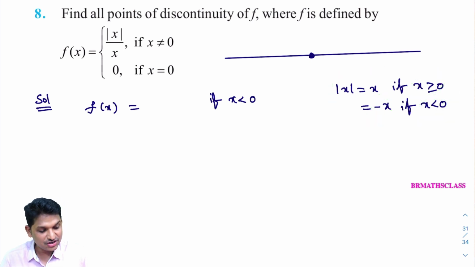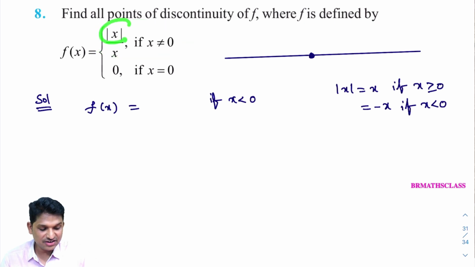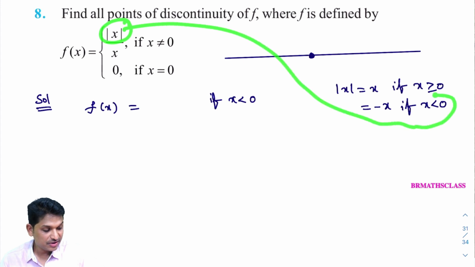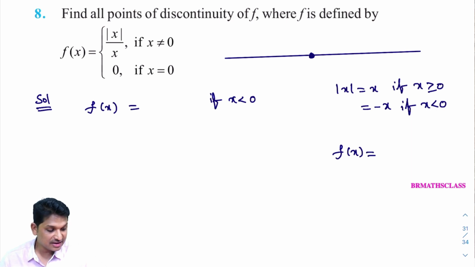When x is less than 0, what is the function? Less than 0 means negative numbers. At that time we need to choose this function only. Look here, when x is less than 0, modulus of x is minus x, correct? F of x is mod x divided by x.